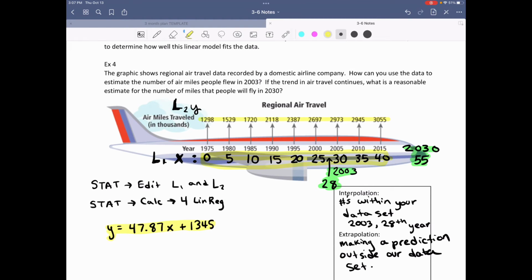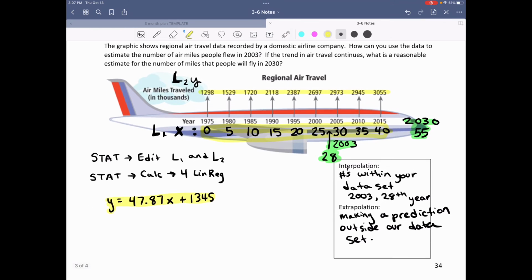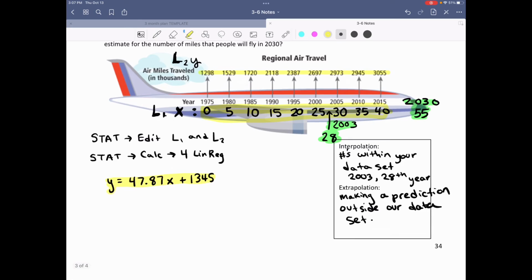Okay. Now, we want to make some predictions. We want to make predictions for the 28th year and the 55th year. So to do that, we have to solve this equation by plugging in 28 and then 55 for x. So we'll do that calculation twice. And you can do this in your calculator by going to the calculate screen, so just clearing everything out.